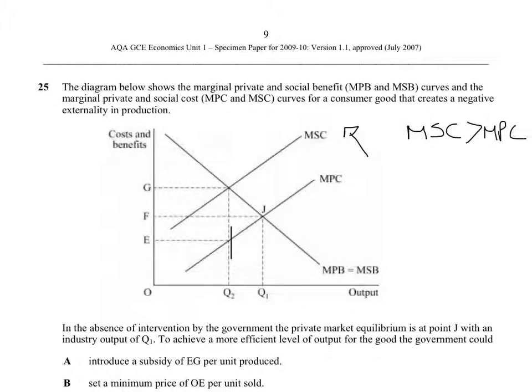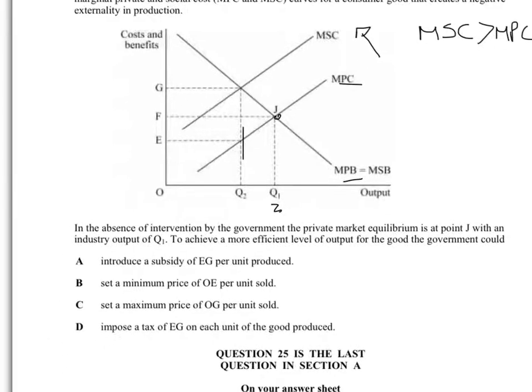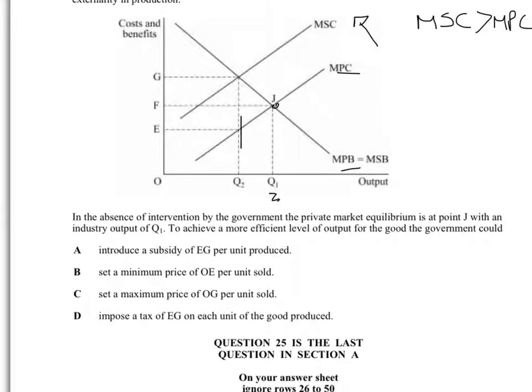So in the absence of intervention by government, the private market equilibrium is at point J, where private cost and private benefit are considered. Output of Q1. To achieve a more efficient output level for the good, the government could, and we're looking for a policy intervention here, which ones of these policies make sense?